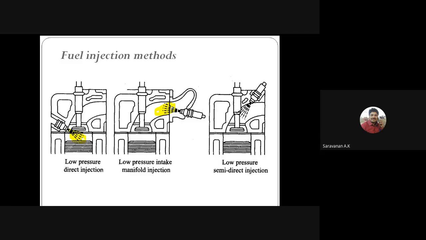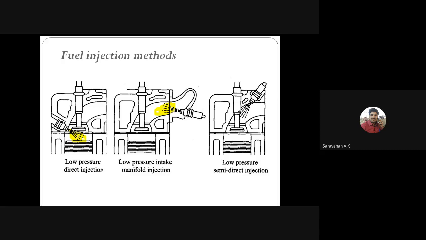Then the timed fuel injection system. The fuel supply pump sends the fuel at a low pressure, about 2 bar. When the engine is running at maximum speed, the fuel is supplied at this low pressure of 2 bar.